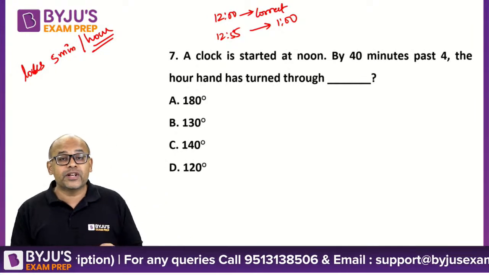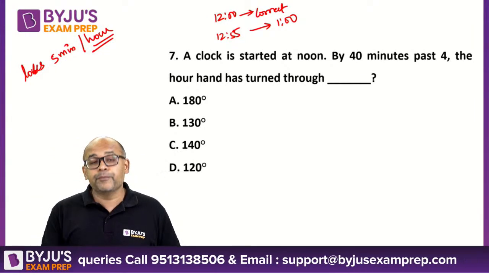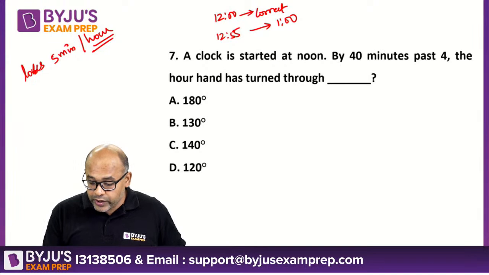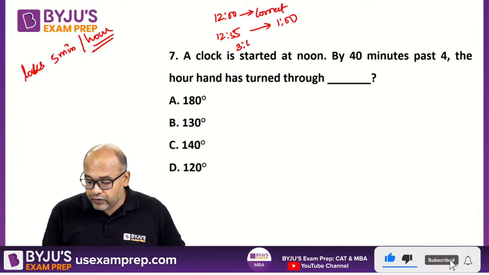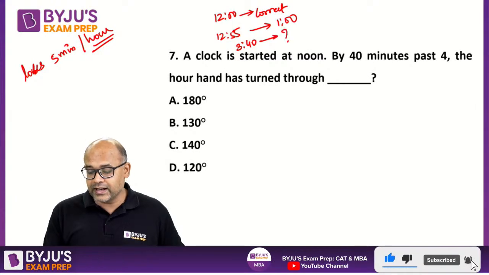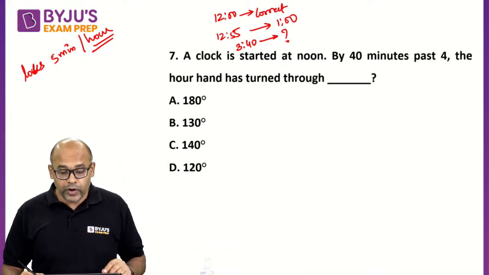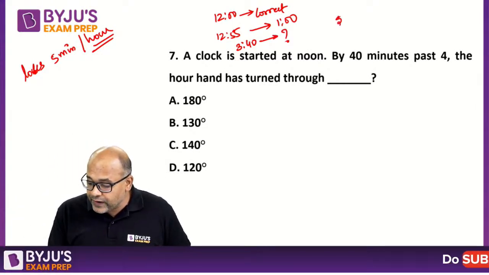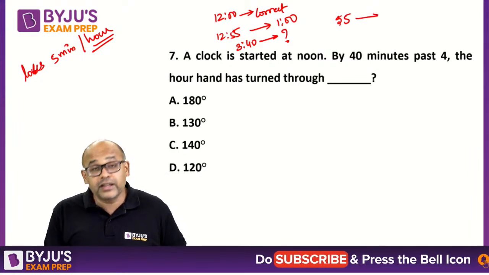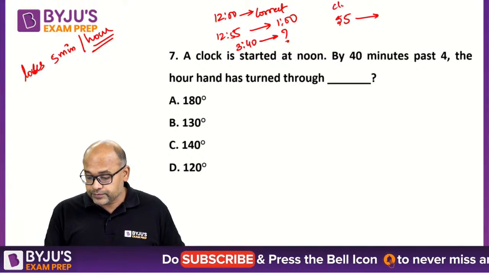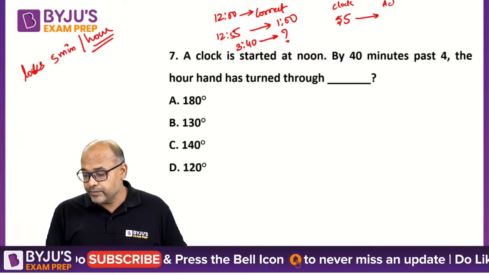Now, if the question says, look, the clock is showing, let's say 3:40, what is the correct time? Now, what you need to understand is for 55 minutes elapsed in the clock, this is in the clock, this is actual.